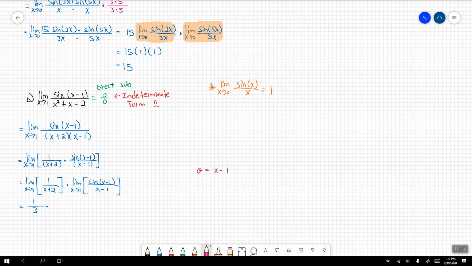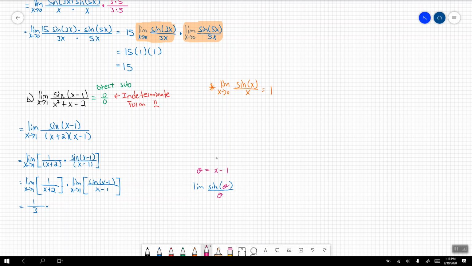If you make this substitution into your function, then you have the limit, we're going to have some stuff down here, so I'll keep that as is, the limit of sine of theta divided by theta. Now, x is going to be approaching 1.